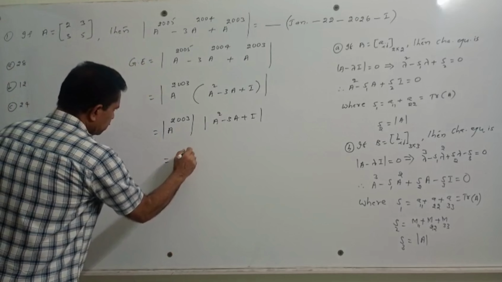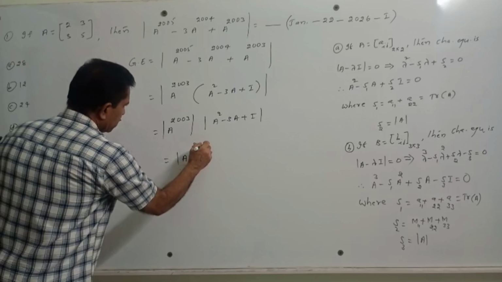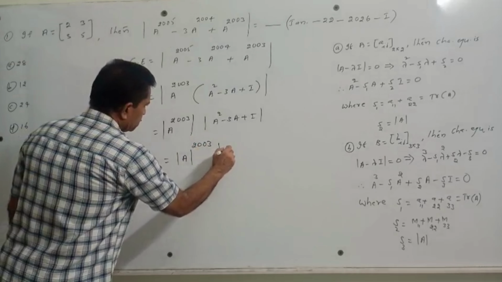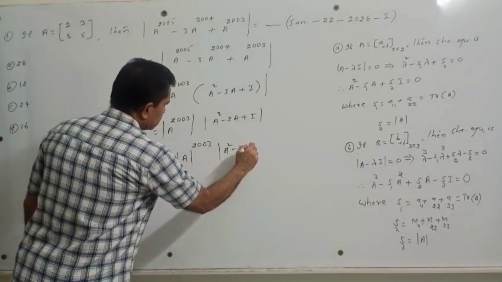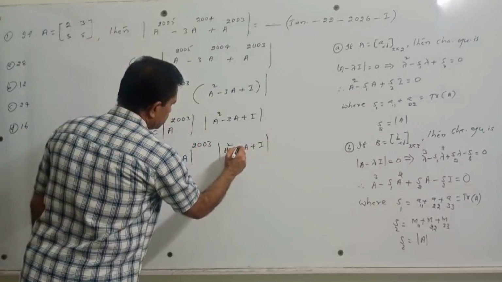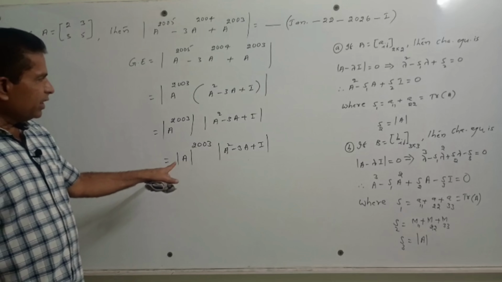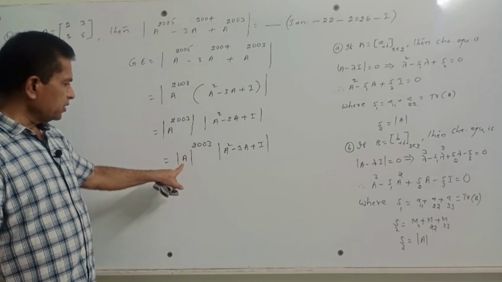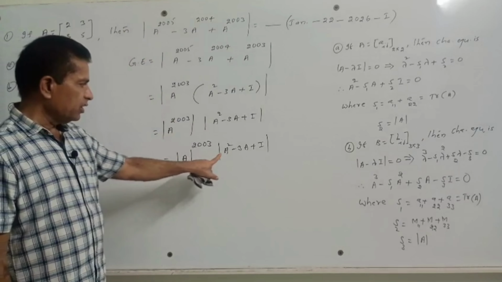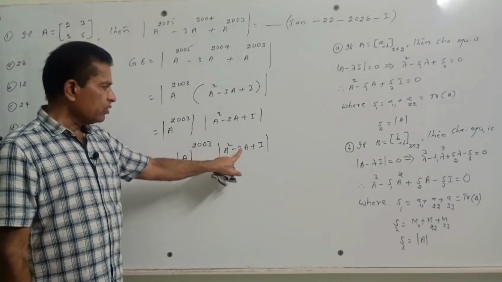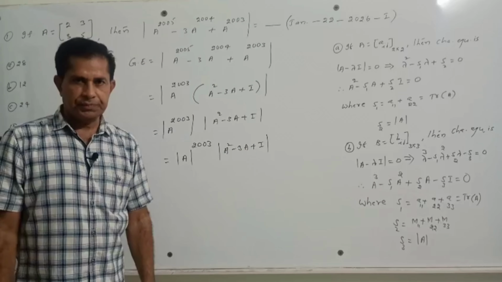This is determinant of A whole power 2003 I am writing into determinant of A square minus 3A plus I. So to calculate the value of the given determinant, I need determinant of A and determinant of A square minus 3A plus I.